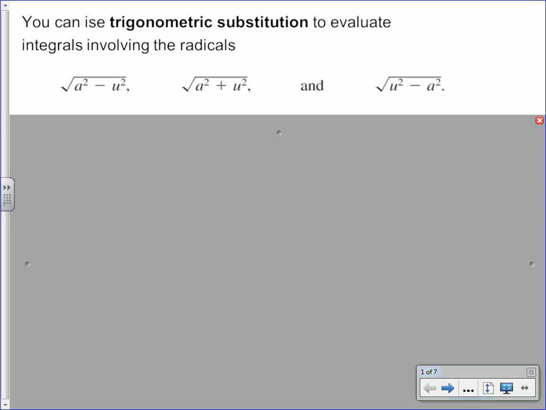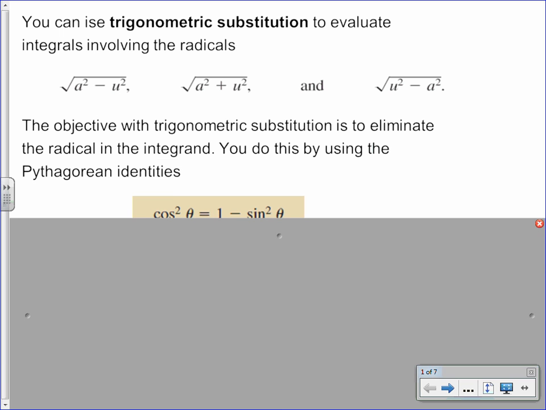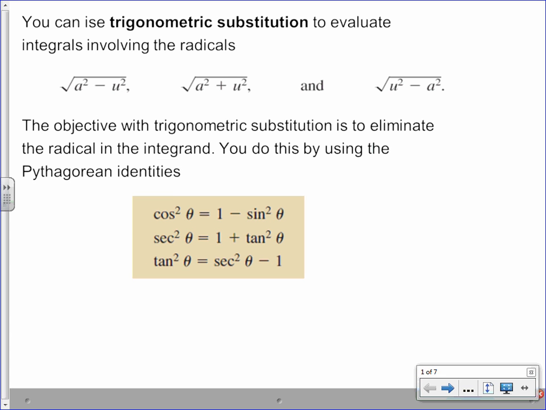So what we're going to do is use our knowledge of trigonometric identities and our knowledge of triangles to do what we call trig substitution.